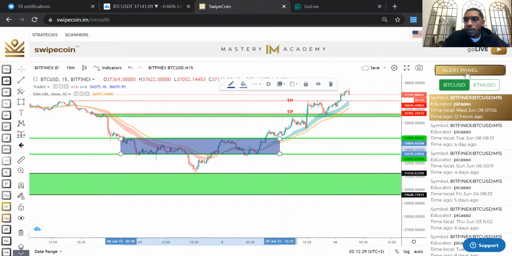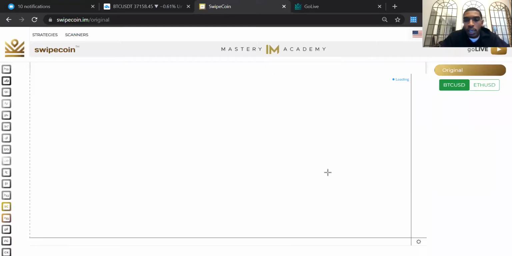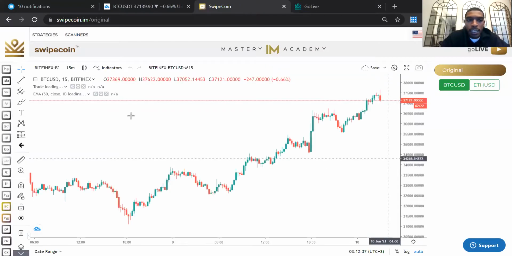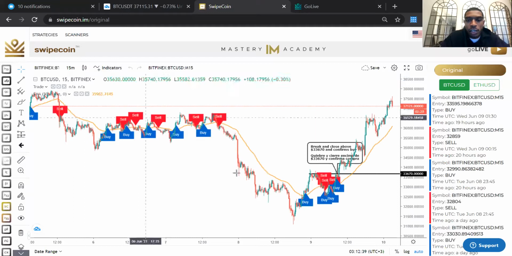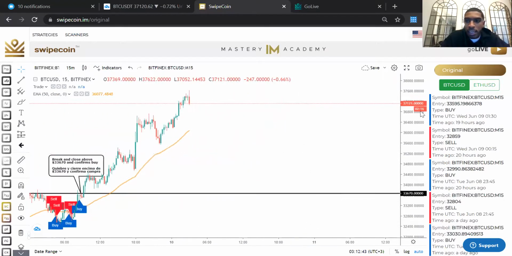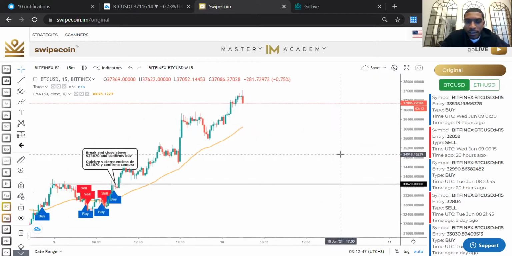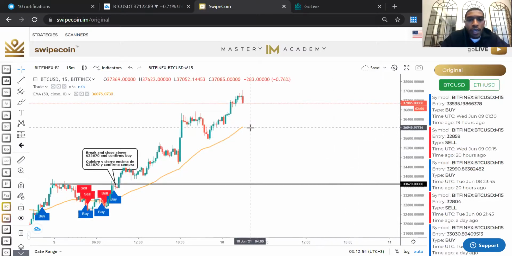So let me show you what I mean by a close, just in case we got some new people. When it says break and close, you have a little timer over here. Keep in mind, we're on the 15-minute chart, so each one of these candles is 15 minutes worth of price action. Y'all see this timer right here where it says 2 minutes and 13 seconds? Basically, when that timer closes, a new candle will start.